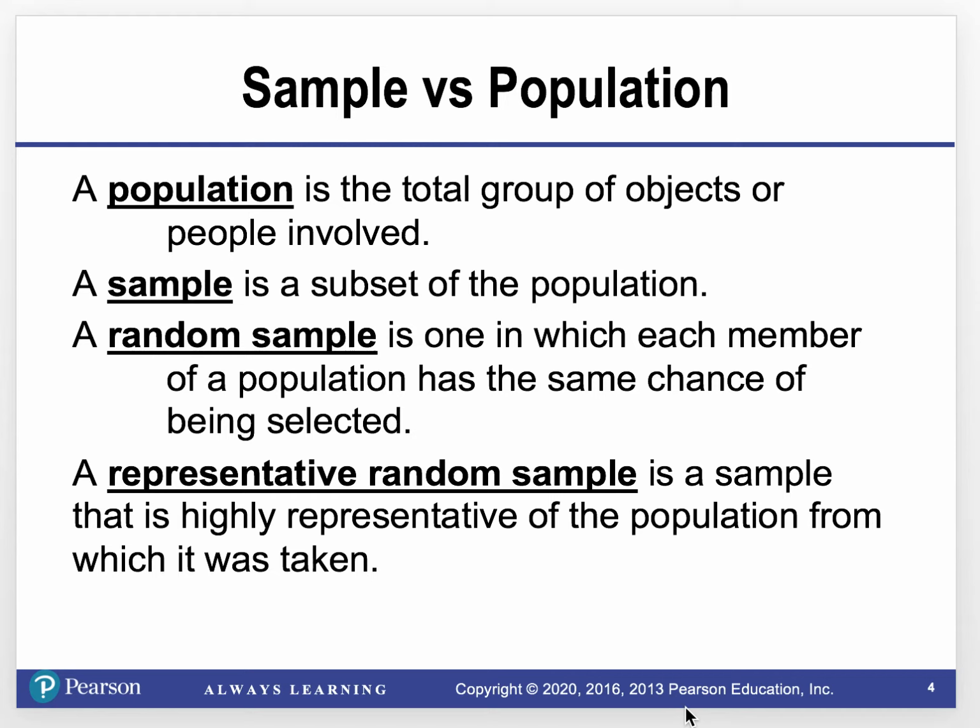A representative random sample is a sample that's highly representative of the population from which it was taken. For example, suppose instead of this class, we went over to the nursing building and asked some students about the food in the cafeteria.